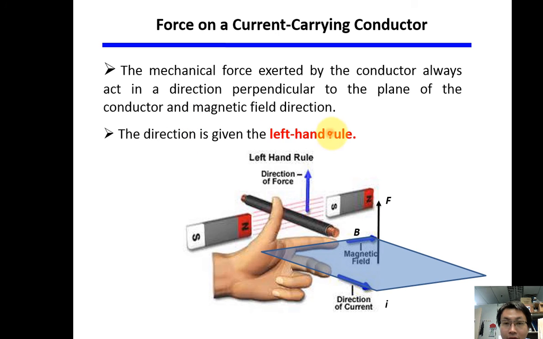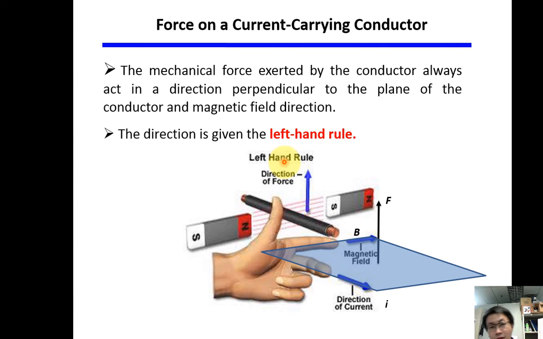The left hand rule says that the force is always 90 degrees to this plane. It will not go this way or that way, but it will go this way. So if there's a current passing through the conductor within this field, where B is in this direction, then there will be a force going upwards.